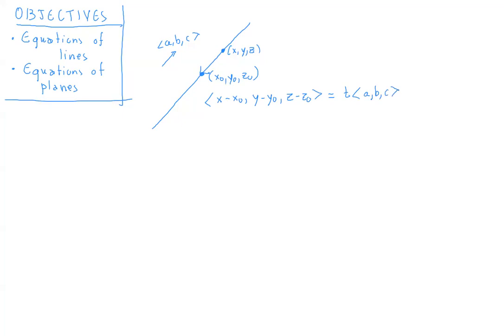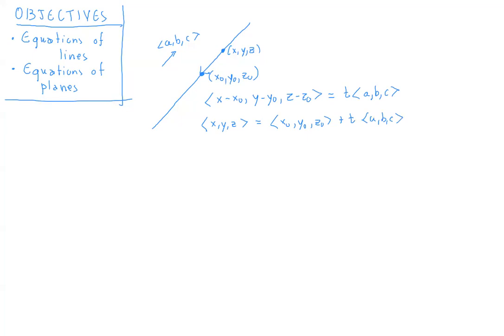And pretty much, this allows you to say, at least in a formal way, that the point x, y, z is going to have coordinates x naught, y naught, z naught, plus t times ABC.